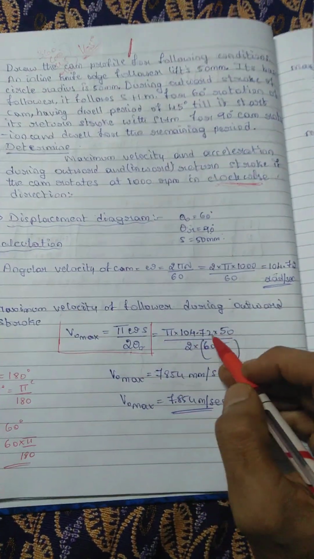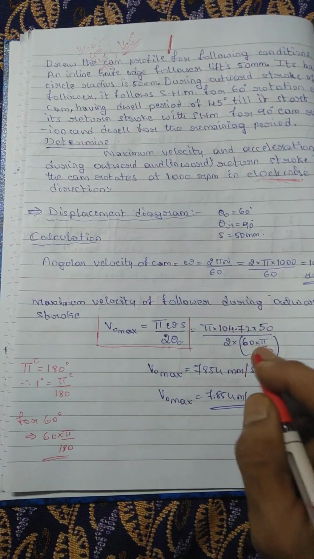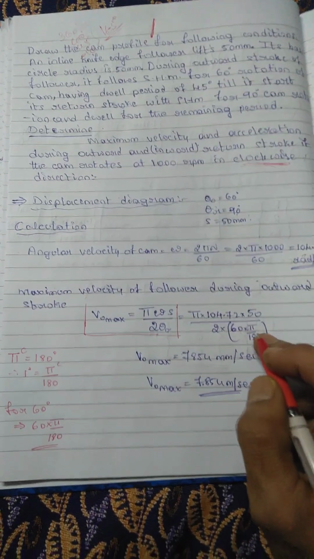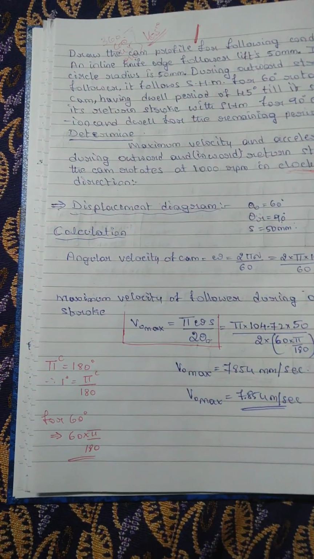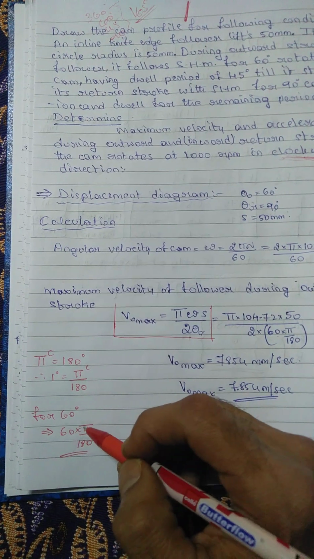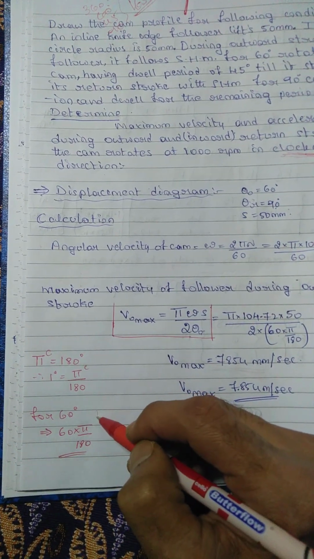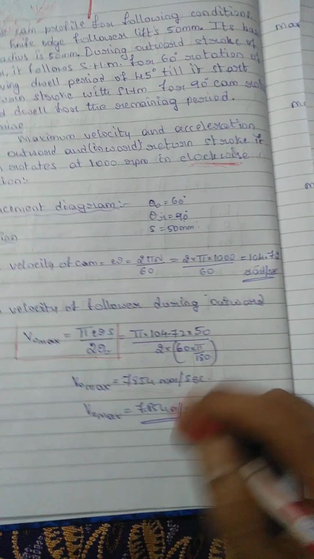Here we have to substitute in terms of radians, so we have to convert degree into radians. Pi radian is always 180-degree, we know that. So for 60-degree, 60 into pi by 180 radians. Substitute here and you'll get v naught max.